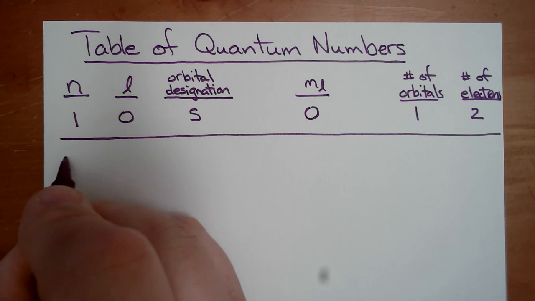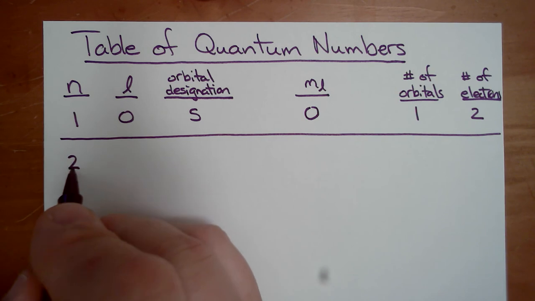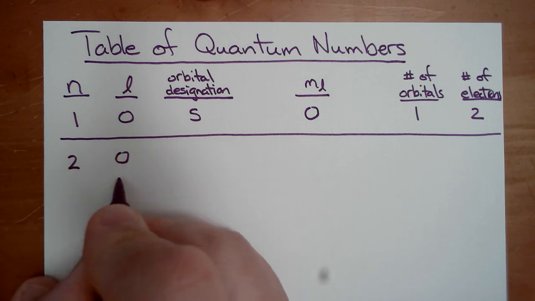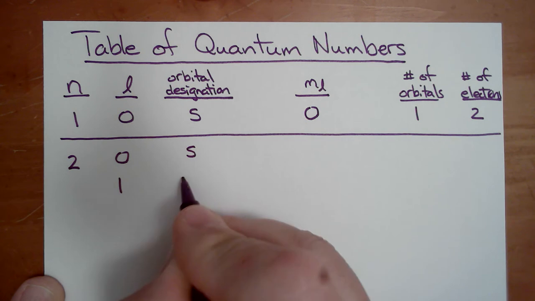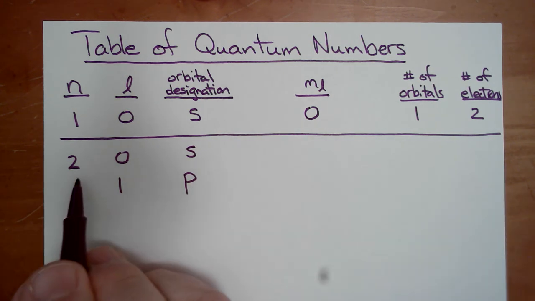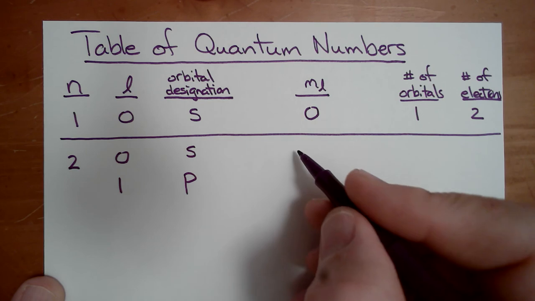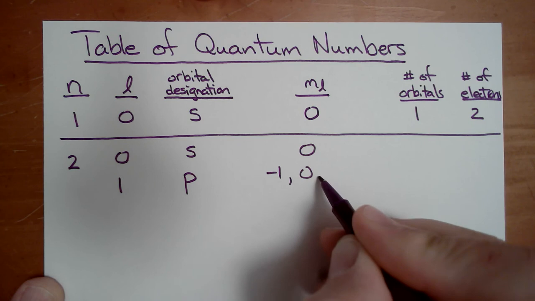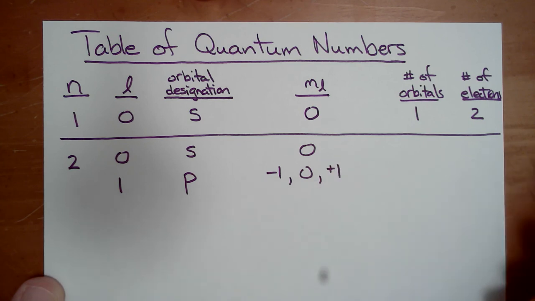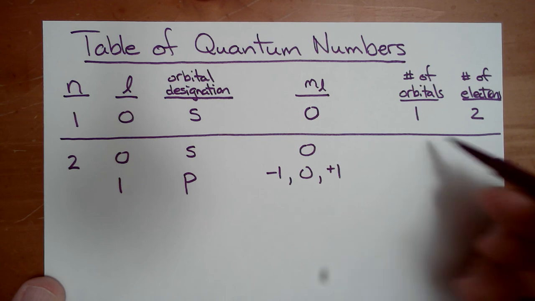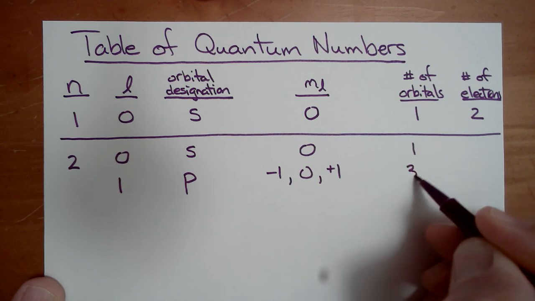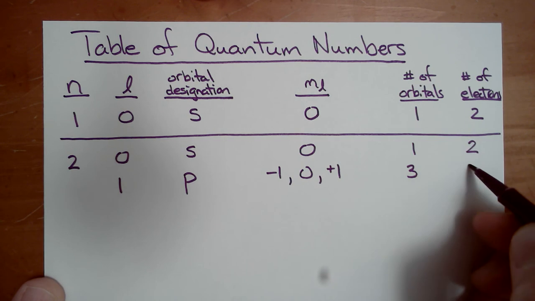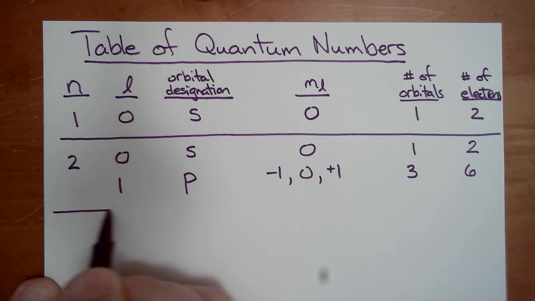Energy level 2, principal quantum number 2, has an angular momentum quantum number of 0 and 1, which in other words means we have an s and a p sublevel in the second energy level. Now that means we have a 0, and then we have a -1, 0, +1. For the orbital orientations, that means we have 1 orbital and 3 orbitals, or 4 total for that energy level, 2 electrons here and 6 here, or 8 total for that second energy level.